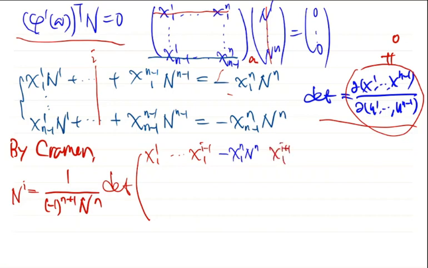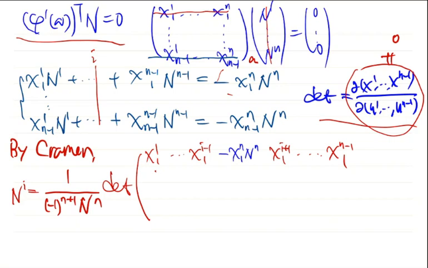Originally this is x_{1i}, but we must replace it by Cramer's rule, by the right hand side, that is minus x_{1n} N_n. And eventually this is x_{1,n-1}, the last term.